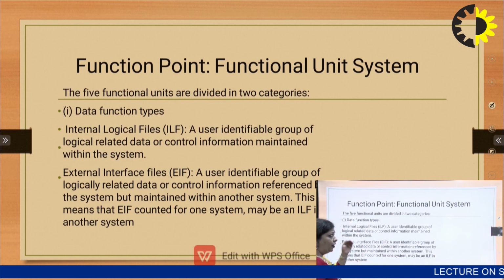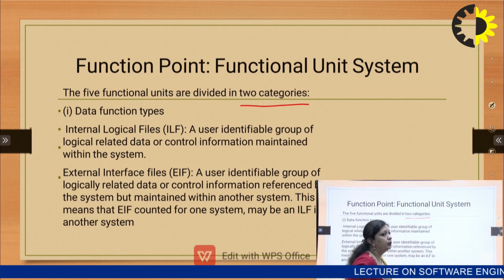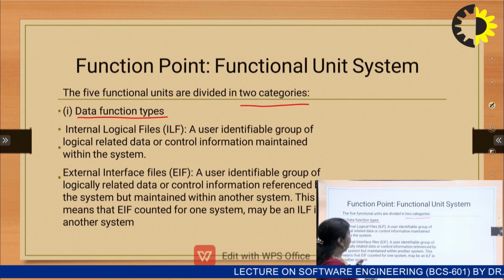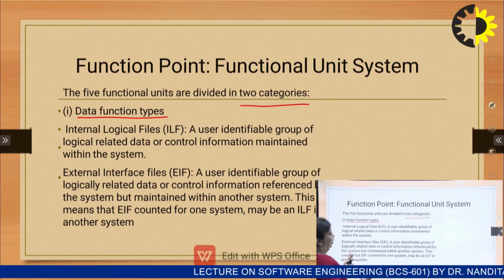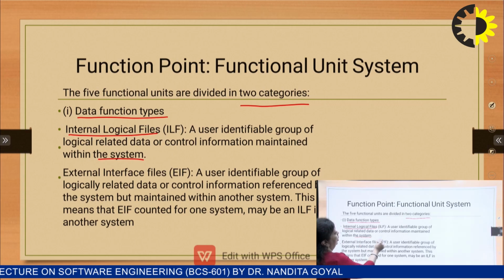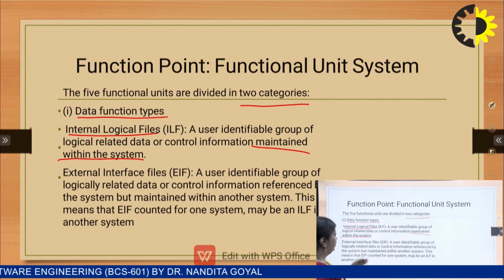Now these 5 units have actually been divided into 2 categories as per the FPA. The first category is known as data function types. The data function types contain two functional units, that is the internal logical files, which are the files located within my system. These are basically maintained within my system, and are accessed from my system itself.